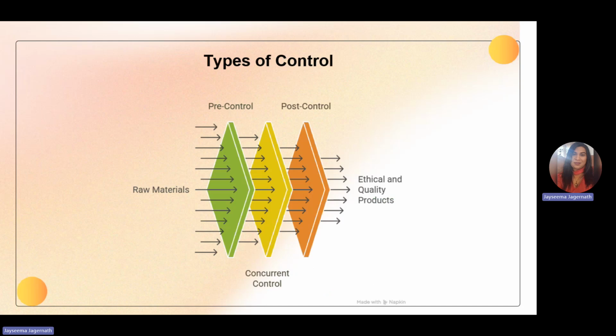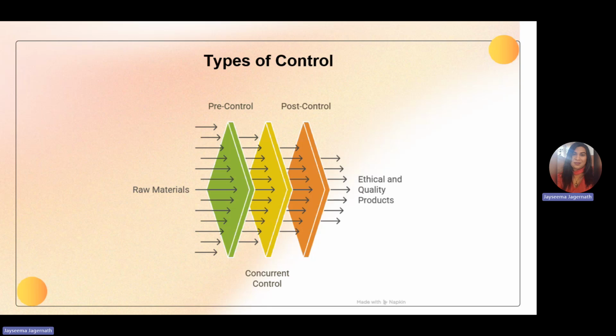So as simple as that looks, control is not a very simple concept, okay? We don't only do it at the end or the fourth step or the last thing to think about. It's done continuously. So before we start our manufacturing process, we do something called pre-control.